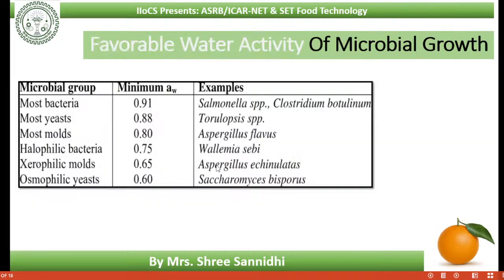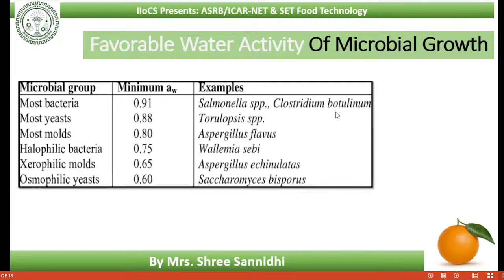So here is the table which gives different water activity for different kinds of microorganisms. For most bacteria, the favorable water activity is 0.91 and above. For example, Salmonella species, Clostridium botulinum.